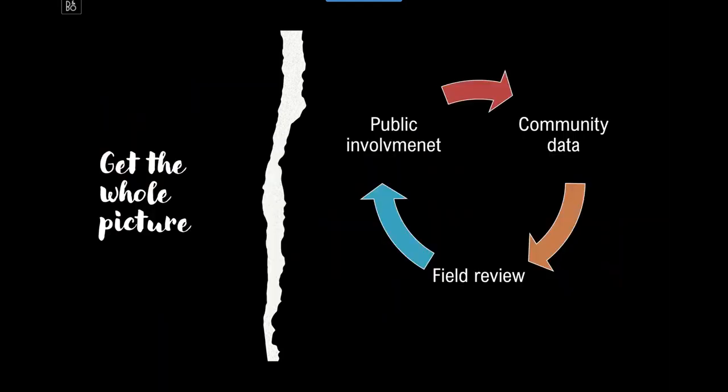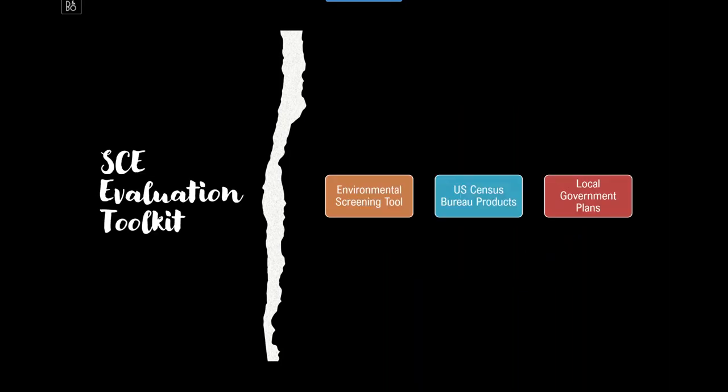We want to make sure that we're getting the whole picture. We want to look at the community data. We also want to look at information we gain from field reviews. And also, what is the public telling us in our public involvement activities? How can all of this help us figure out what the analysis is and what information is important? To do that, we have our SCE evaluation toolkit.